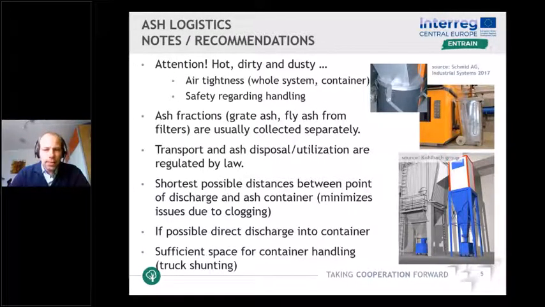a recommendation for practical use is to try to get the shortest possible distances between the point of discharge and the ash containers. As you can see on the example here at the right side, this is done in the way that for a multicyclone here and an electrostatic precipitator again, the ash is directly discharged into the containers below.